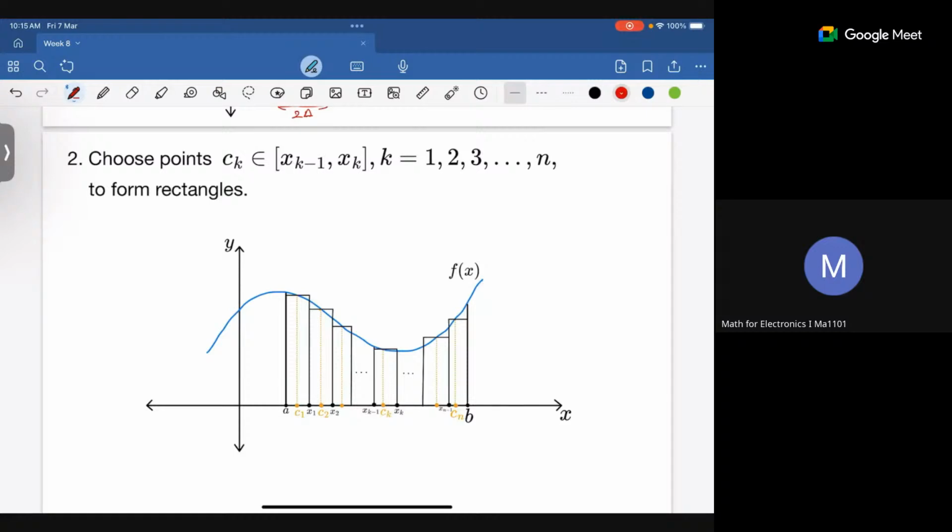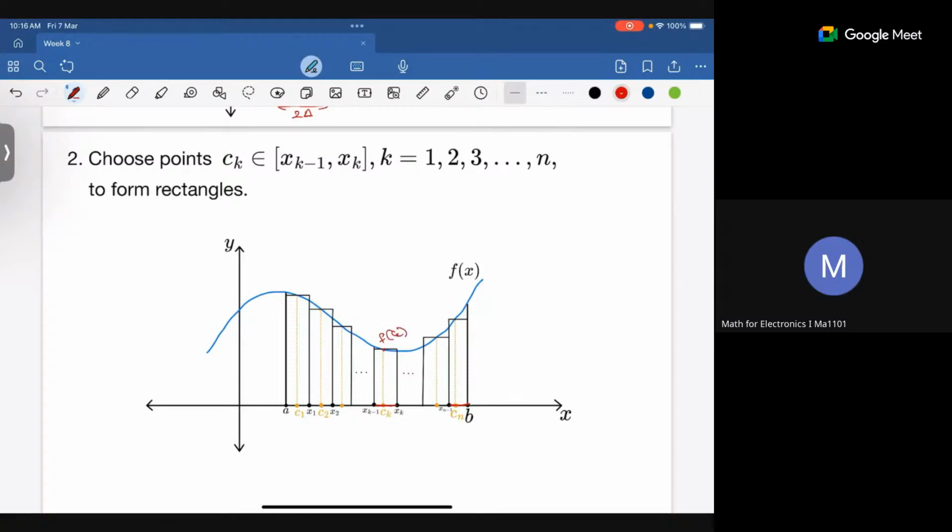The subinterval lengths will act as the widths of each rectangle. We have to get the height also to construct a rectangle. So for height, you choose some arbitrary point Ck in each interval, and after choosing Ck, you just compute f of Ck.